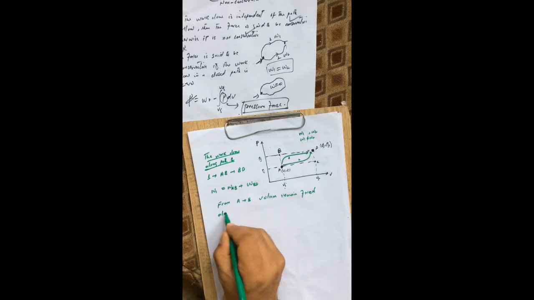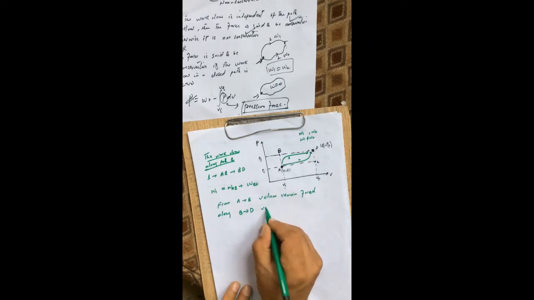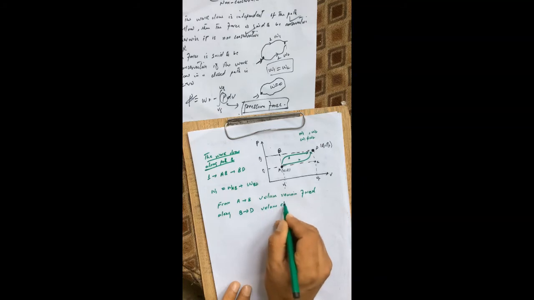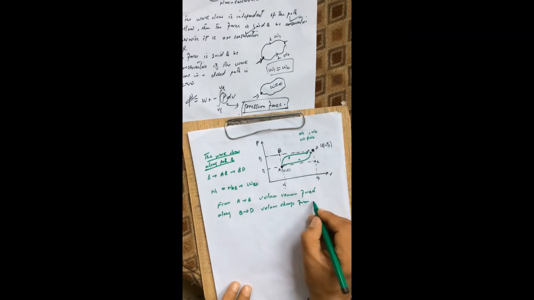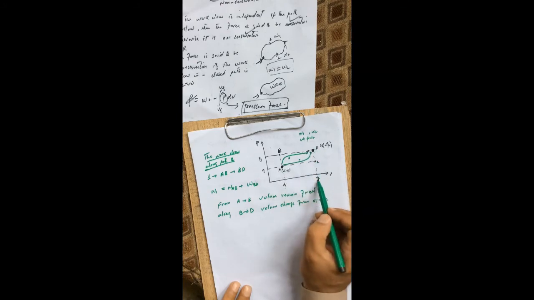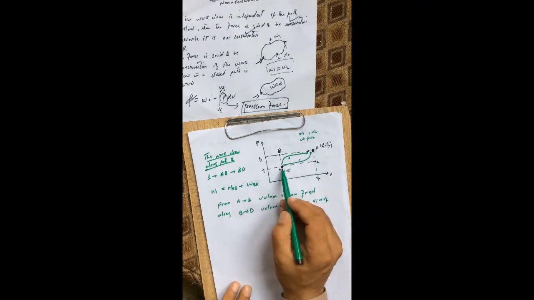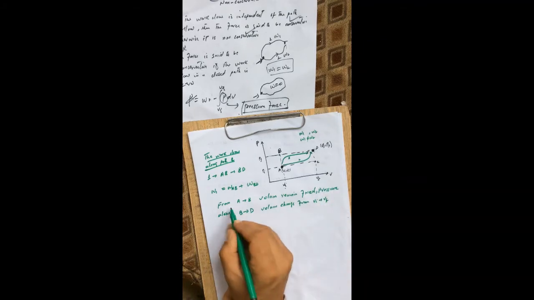Now along B to D, the volume changes from Vi to Vf, because at point B the volume is Vi and at point D the volume is Vf. So along path AB the volume is fixed while the pressure changes.